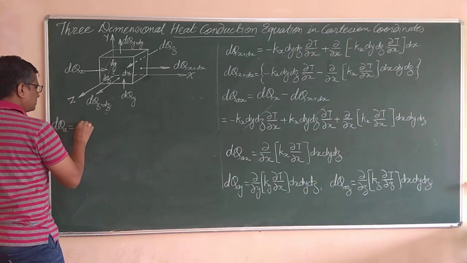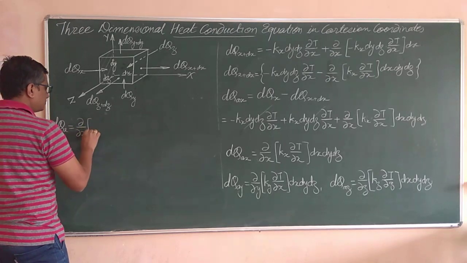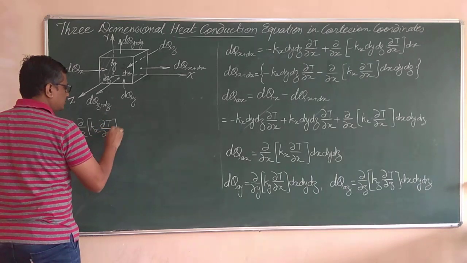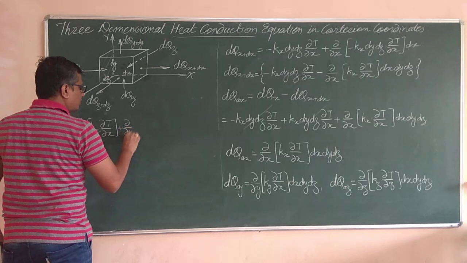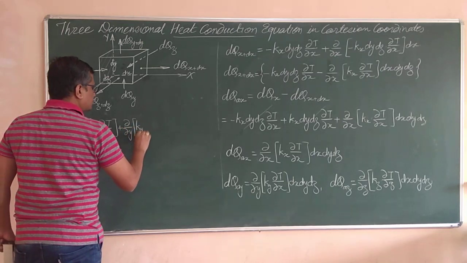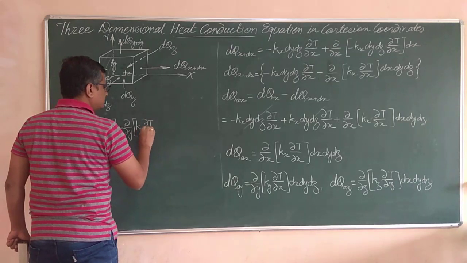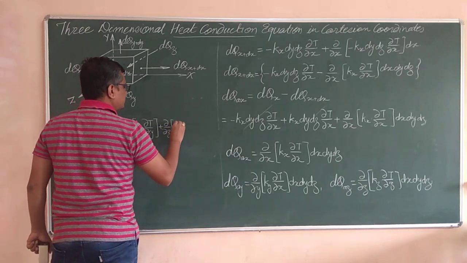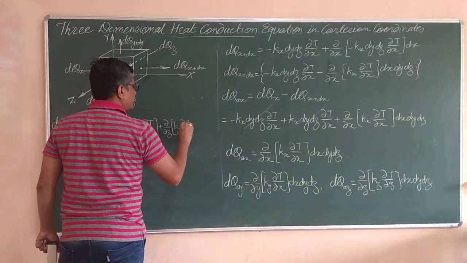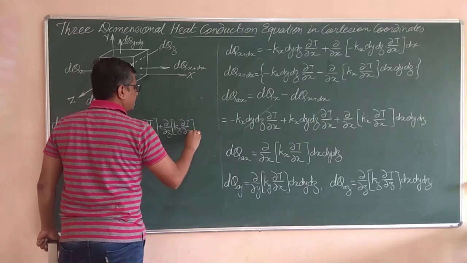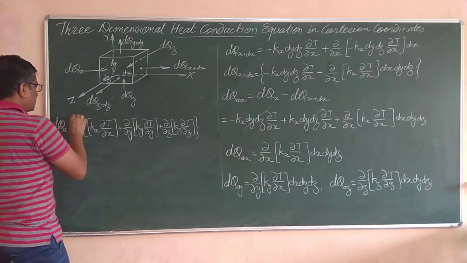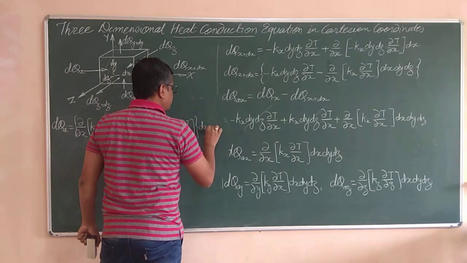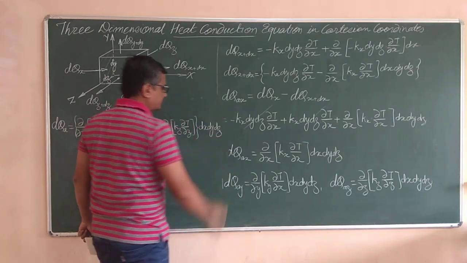this one as ∂/∂x of (kx ∂T/∂x) plus ∂/∂y of (ky ∂T/∂y) plus ∂/∂z of (kz ∂T/∂z), and all these terms are added, and I have already told you that dx, dy, dz I am going to take common, so it will be dx dy dz over here.